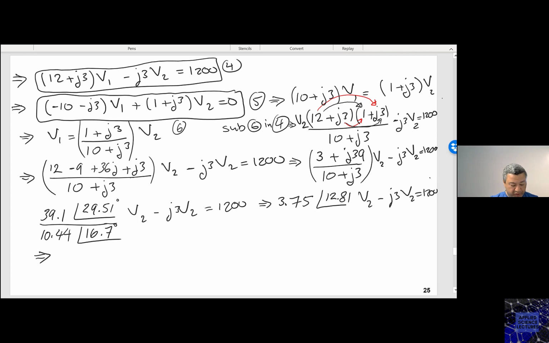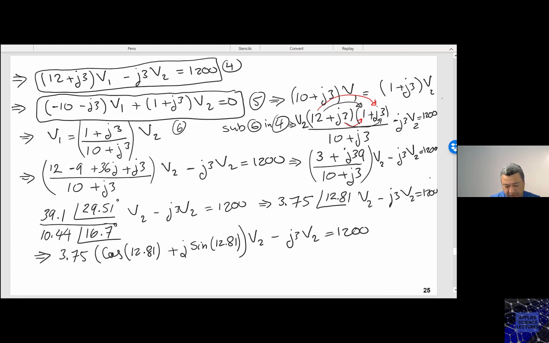So I have 3.75 cosine 12.81 plus j sine 12.81, V2 minus j3 V2 equals 1200.